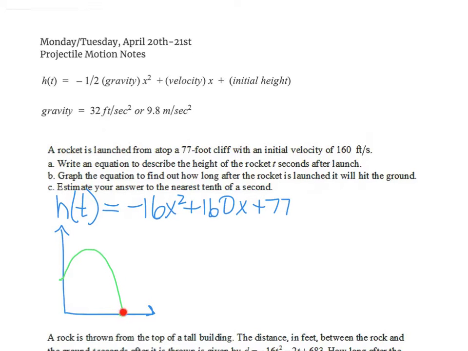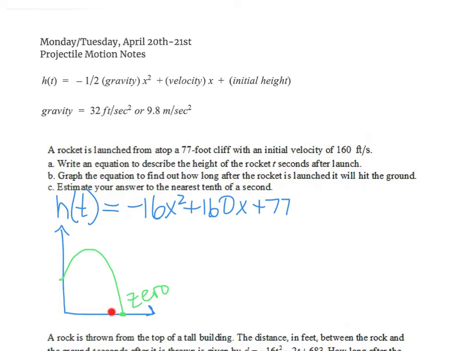Right here is what we need to calculate for part B: graph, and how long after it's launched will it hit the ground. Well, that's called the zero. You're going to calculate the zero in your calculate menu. You have the equation in y1, you looked at the graph, now calculate the zero.